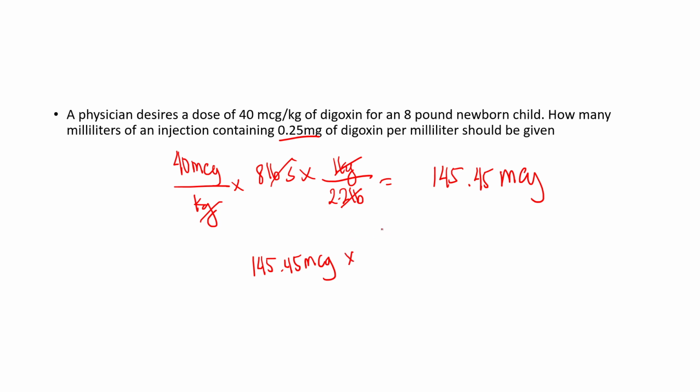How many milliliters of an injection containing 0.25 milligrams of digoxin per ml? Now the problem is this one is in milligram per ml, so you need to convert it first to microgram. 1 milligram is 1000 micrograms.